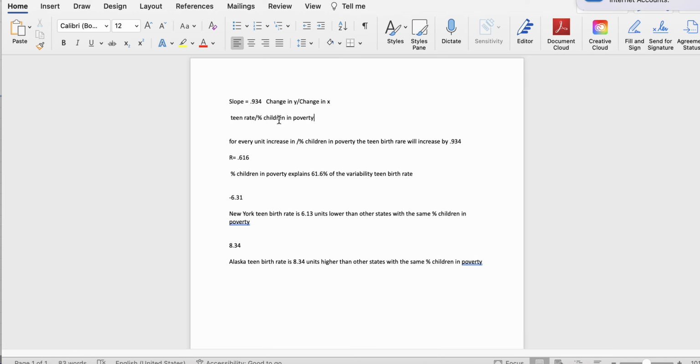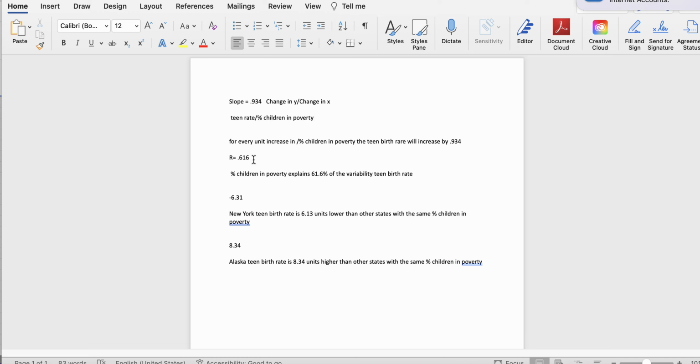So as the percent of children in poverty goes up by 1 unit, the teen birth rate goes up by 0.93. So that ratio is close to 1, which is why the correlation coefficient was 0.78, and it was a really high correlation between these two variables. It was a moderately strong positive association.